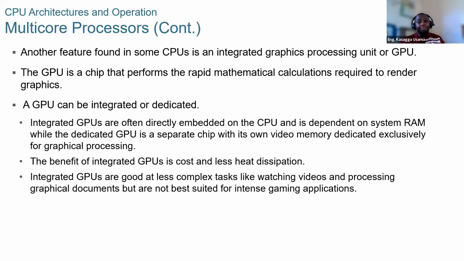The integrated one is often directly embedded in the CPU and depends on the system RAM, whereas the dedicated GPU is a separate chip with its own video memory. These are all aspects that you need to share and understand.